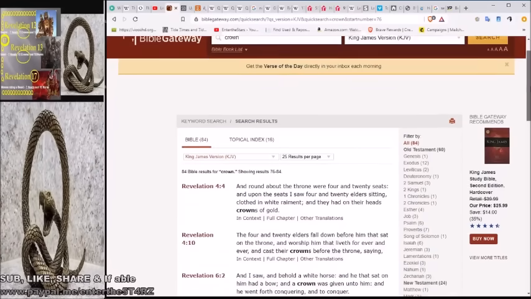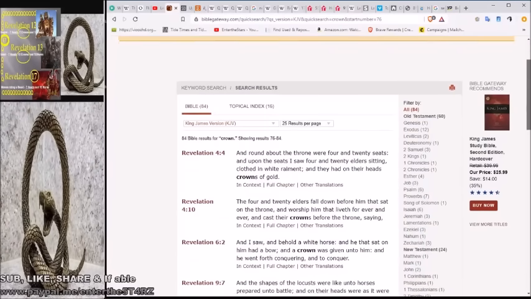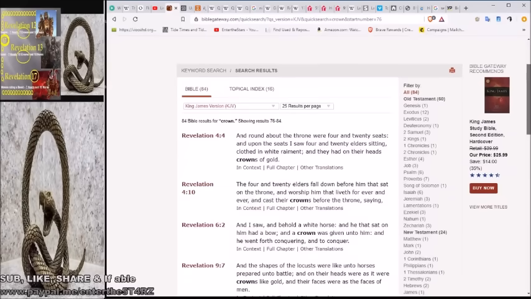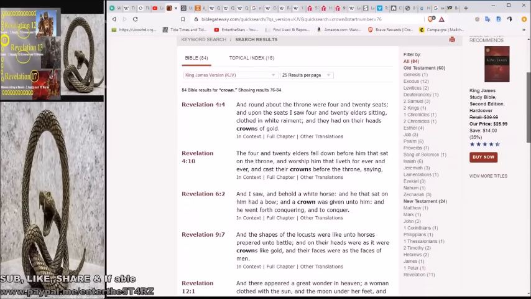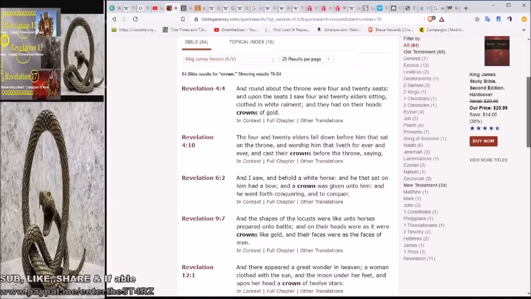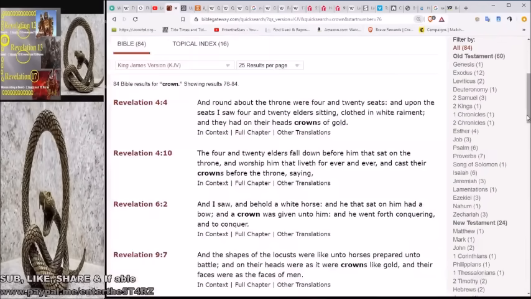It's interesting that the word crown is actually mentioned in the King James Bible 84 times. Here are some of the times that the word crown is actually mentioned in the King James Bible. Some of those crowns are good, but many of those crowns are bad. 17 total crowns and horns.